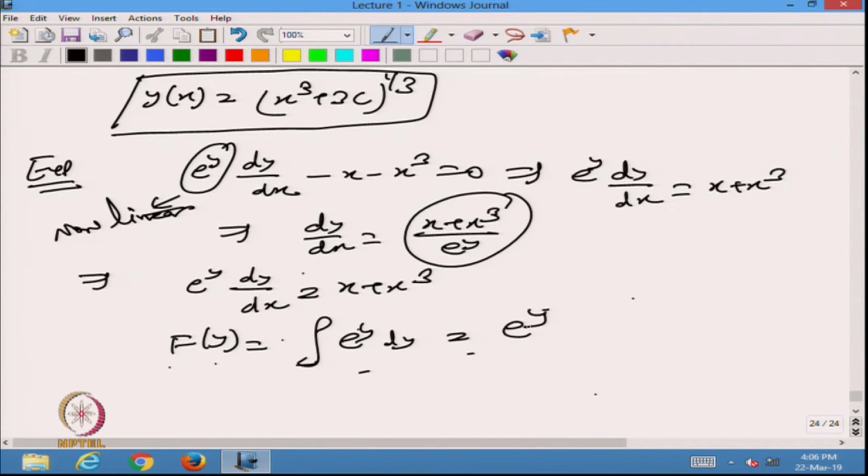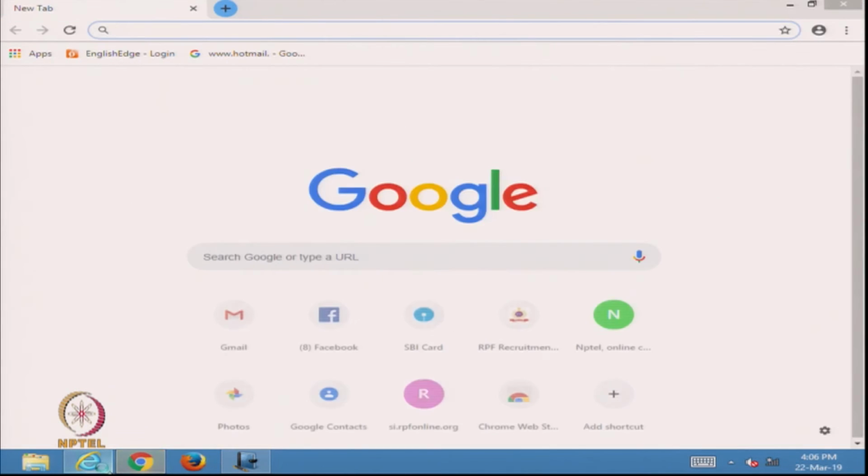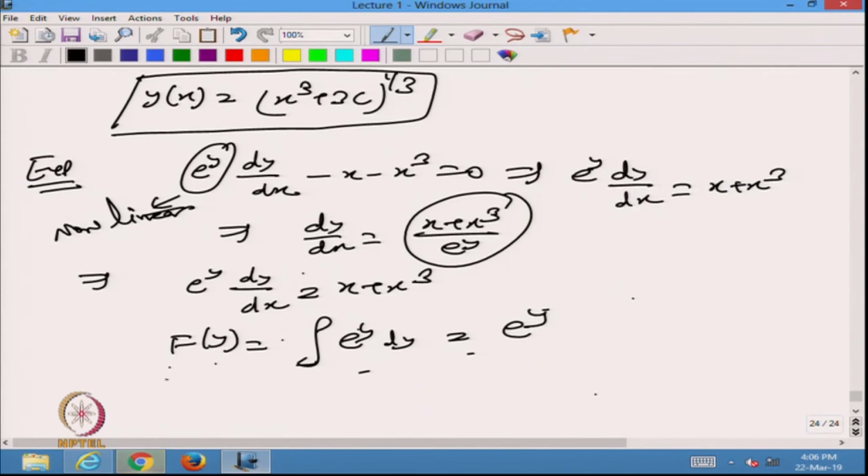So, that will be e to the y, and from there I can say that d over dx of F of y is equal to x plus x cube, where F of y is this one. So, from here I can solve this one further.